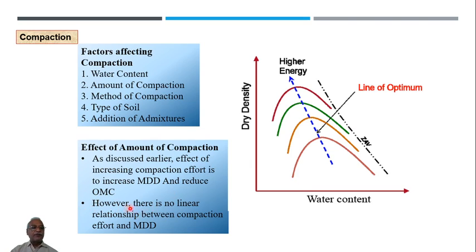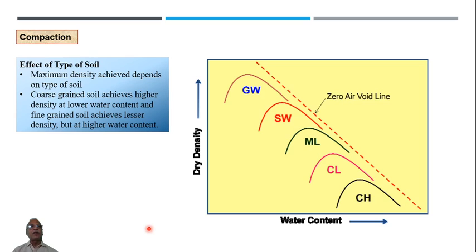What is the other point? However, there is no linear relationship between compaction effort and MDD. The trend is like that, but you cannot just relate the compaction effort to MDD linearly. That is the point that has been made.